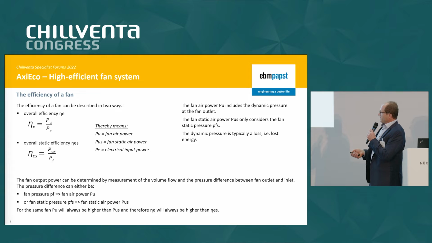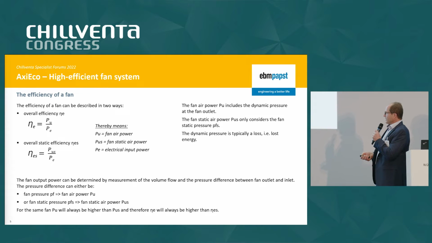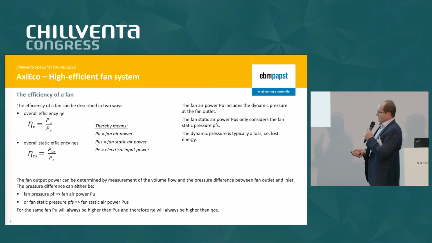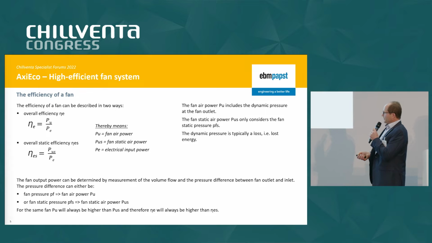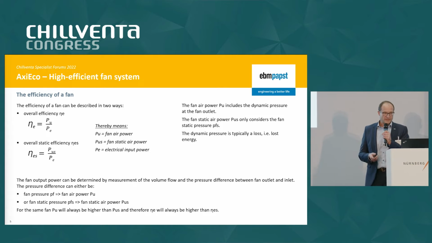On the other hand, it means that we talk about static fan pressure, pFs, because we talk about static air power, PUs. And interestingly, but it's logical, when we look at the same fan, the air power will always be higher than the static air power. That's logical.